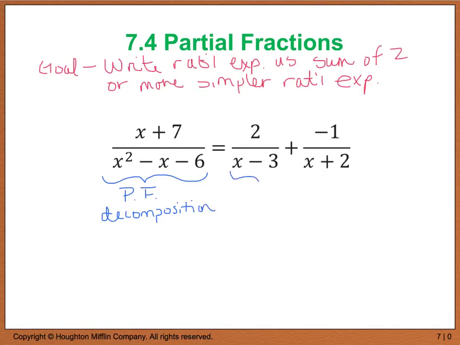And then each one of these here are going to be the parts, or the partial fractions, of that partial fraction decomposition. So if you were to go back and double check your work, if you took these two fractions, added them together, you would in fact get this if you've done everything correctly.